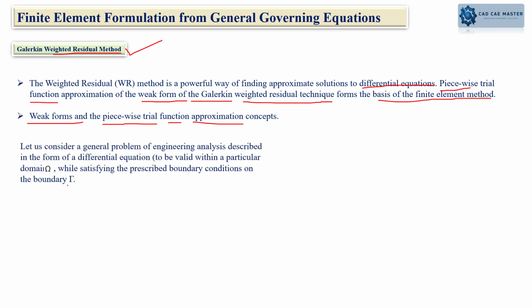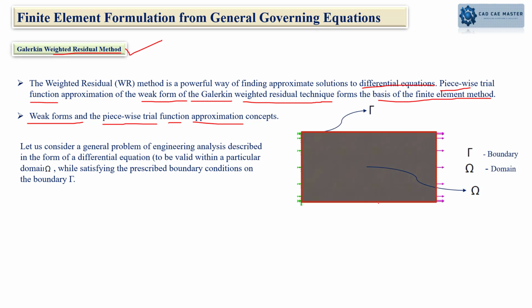the concepts. Now let us consider a simple problem. You can see this is the rectangular plate which I just showed, right? Here we consider this as the boundary, which I've highlighted in red, and this is the region we take as the domain. These are the symbols for that.